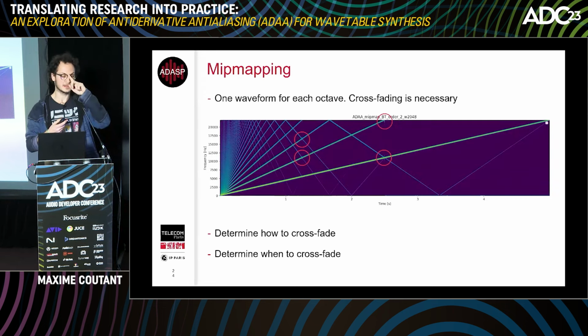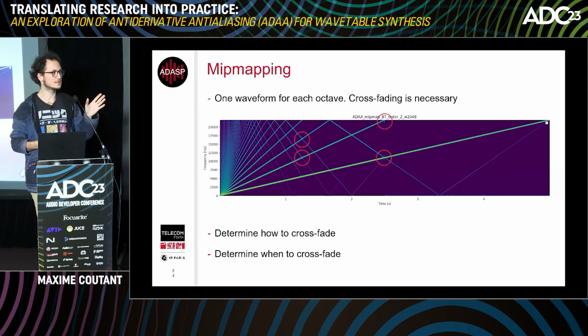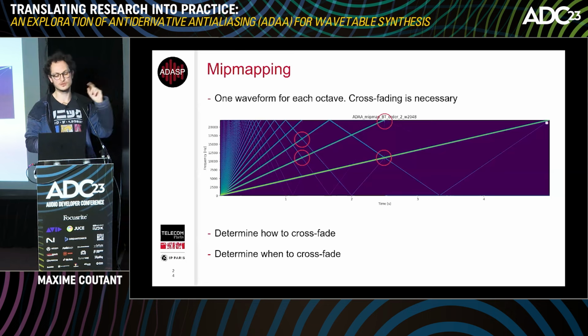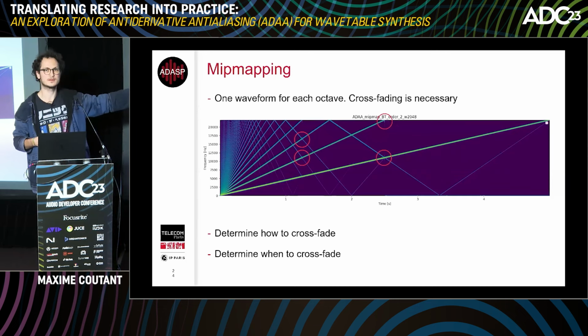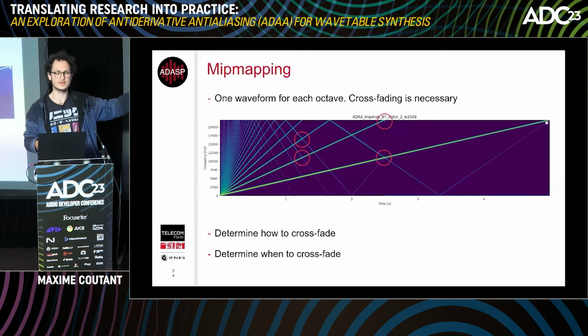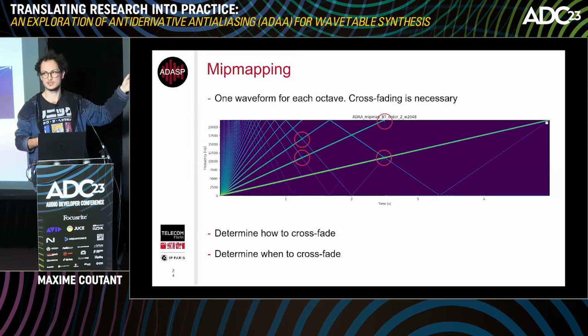In my case, I decided to use one waveform for each octave, so I don't sample by 2 every octave. And quickly enough, we can notice that we need to do crossfading between MIP map tables. I don't know if you can see it, probably not, sorry. So here we've got a sweep test of the MIP mapped version of the algorithm, but without crossfading.